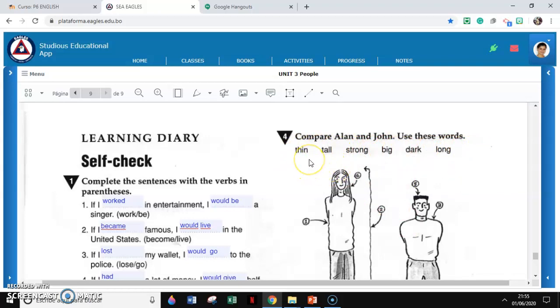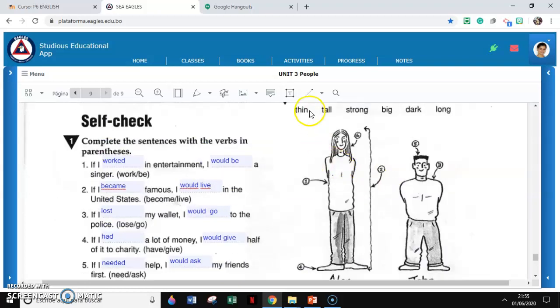Right? Like for example, add -er to most common adjectives. Change y to i for adjectives that end in -y. Remember we learned all those rules, so you need to apply them to adjectives in order to change them into comparative adjectives. Thin will be thinner.